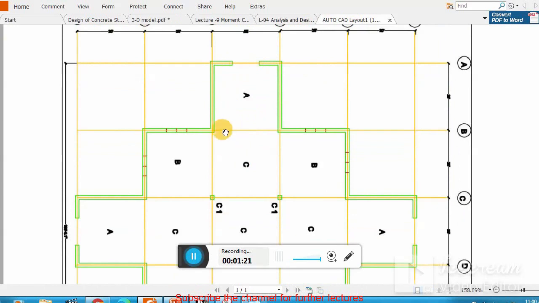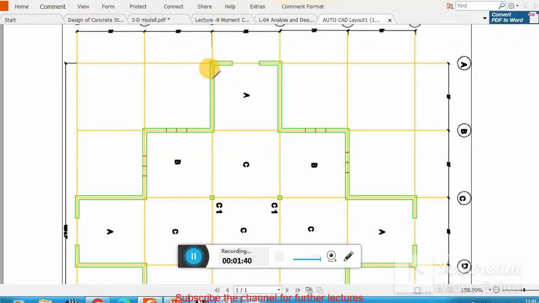In a two-way slab system, at the corner points where the corners are simply supported, there is no column or beams. So at those corners, what do we provide? We provide torsional reinforcement.